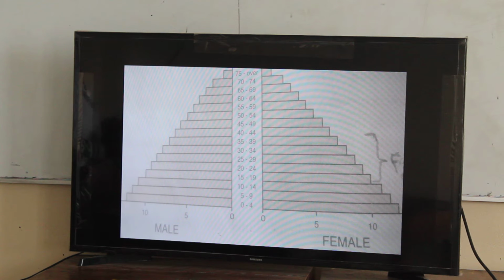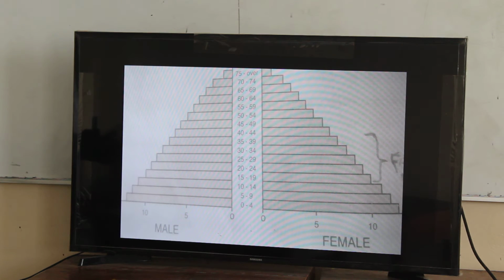So as we can see, in our population we have an equal or fairly equal number of females and males. That is one of the considerations.